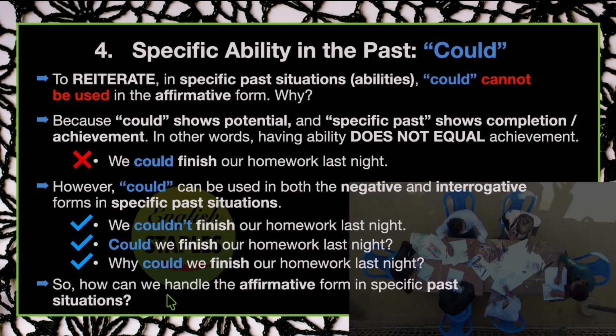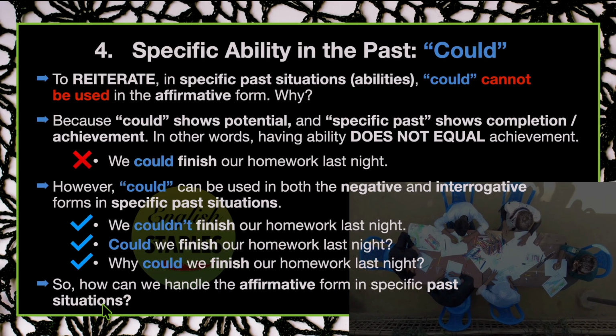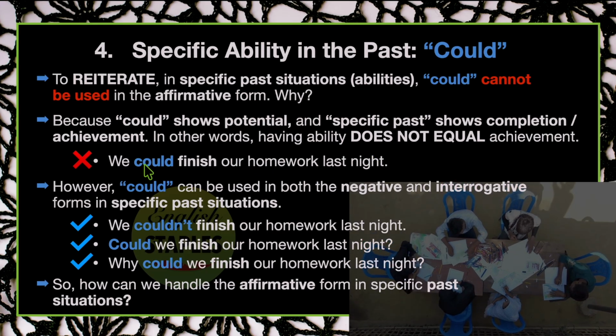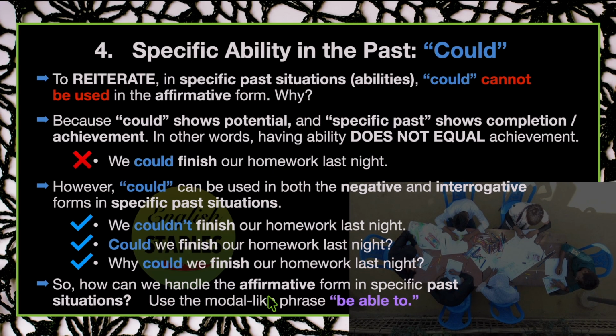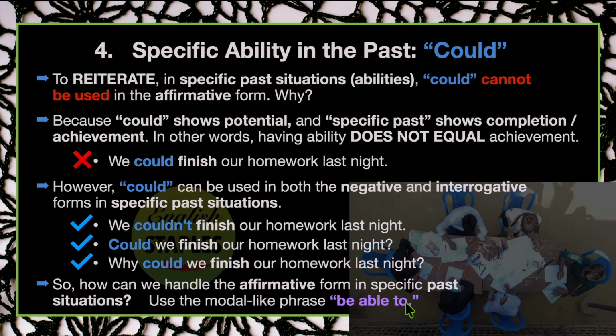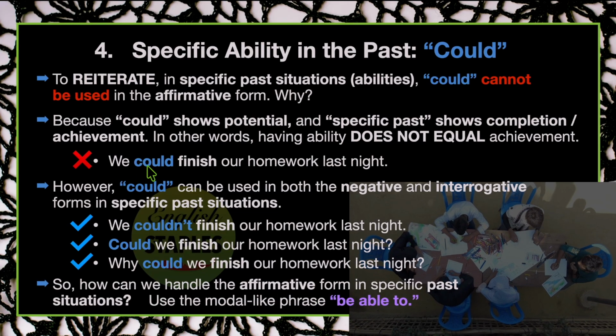So, how can we handle the affirmative form in specific past situations? How can we handle this? How can we make this right? Use the modal like phrase, be able to. That's what we do. So instead of could, we'd use be able to.